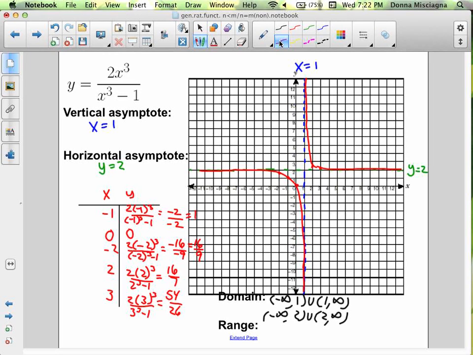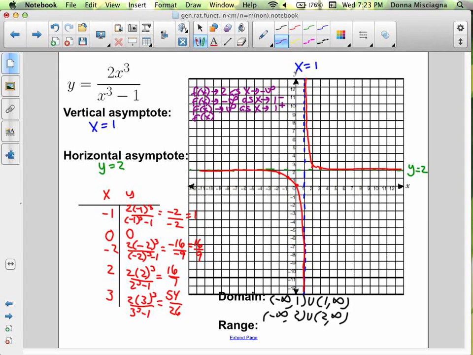And then the last thing, let's do end behavior. So f of x approaches 2 as x approaches negative infinity. f of x approaches negative infinity as x approaches the vertical asymptote from the left. f of x approaches positive infinity as x approaches the vertical asymptote from the right.